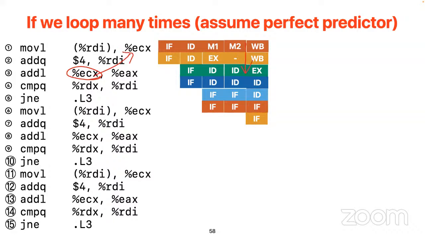So even with data forwarding, we have to wait here. And for this compare instruction, because we only have one execution unit for ALU operations, like comparison, and comparison is essentially like a subtraction, it will share the same ALU as the addl instruction. And this is called a structural hazard, right? In fact, we do have a structural hazard here that we have to stop this instruction.